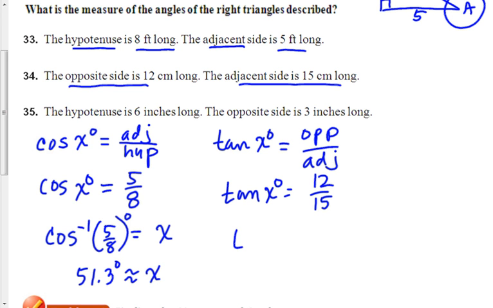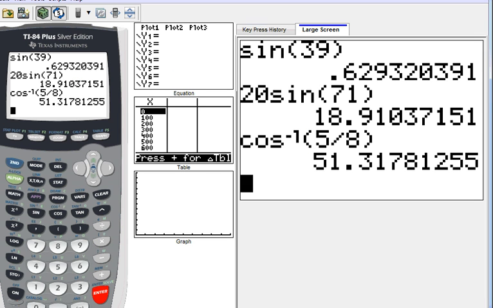So now I'm going to use the tangent inverse to find the angle. So the tangent inverse of this ratio is equal to x. And now I'm going to go to the calculator. And I'm going to do the tangent inverse. And the ratio is 12/15.